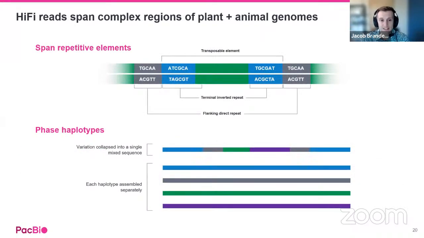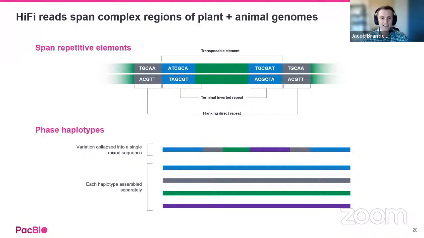HiFi reads that we generate here at PacBio are uniquely suited to tackle a lot of these challenges, and the reason for that is our reads are both long and accurate. Because of the long read nature, we're able to span different transposable elements or structural variations that happen genome-wide.